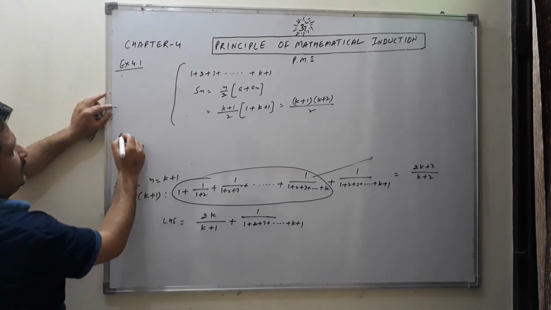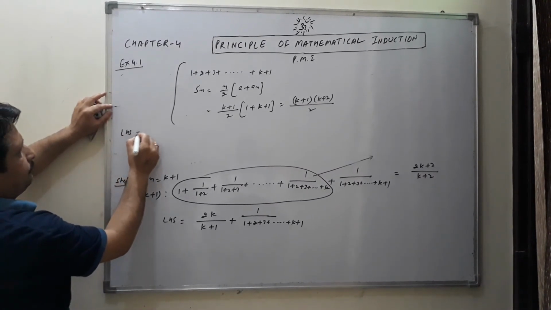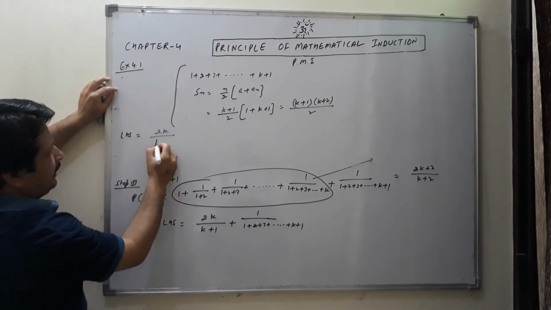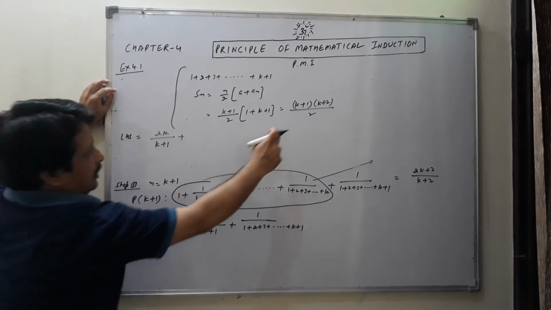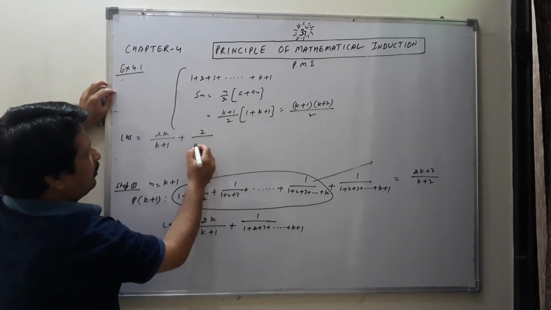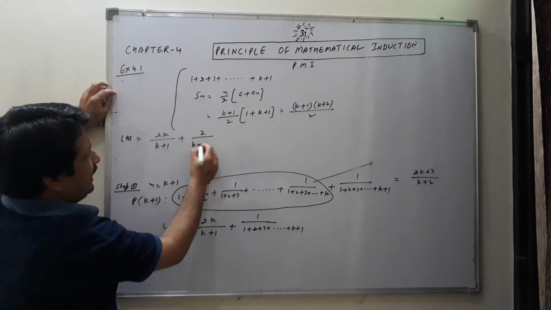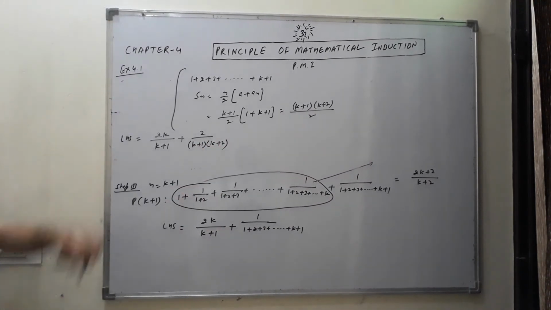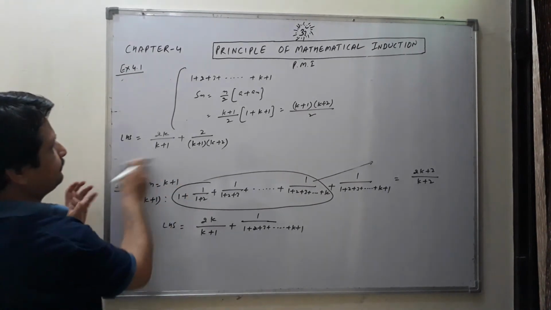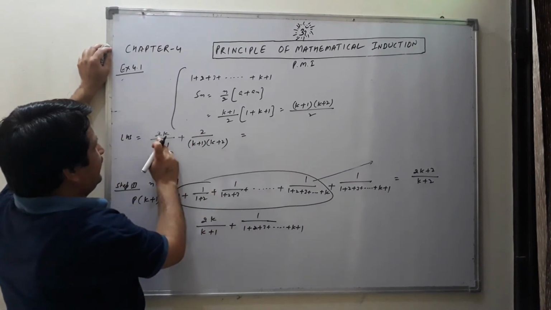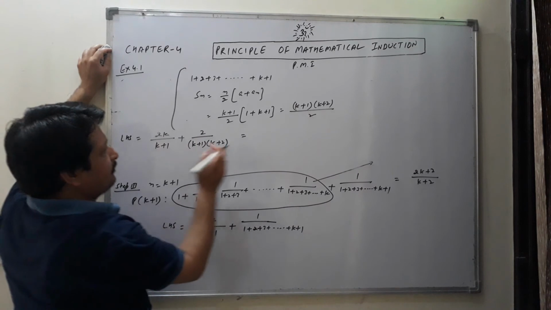So let us see, once again the left hand side is now 2k upon k plus 1 plus, when you write it here, it will come as 2 upon k plus 1 into k plus 2. Now students, I will solve it. Here 2 is common in both, and k plus 1 also.